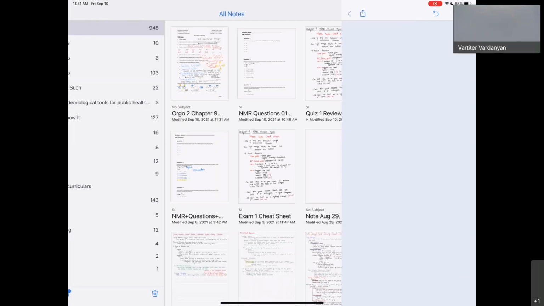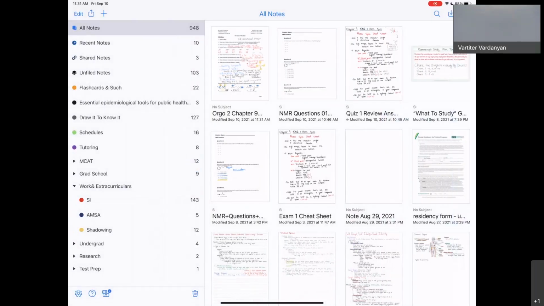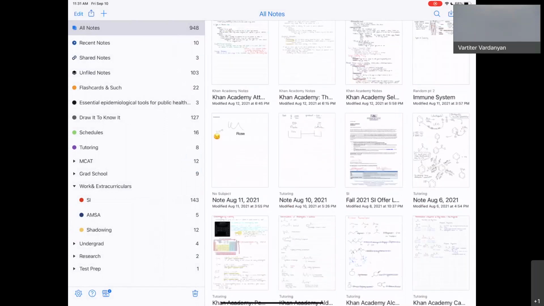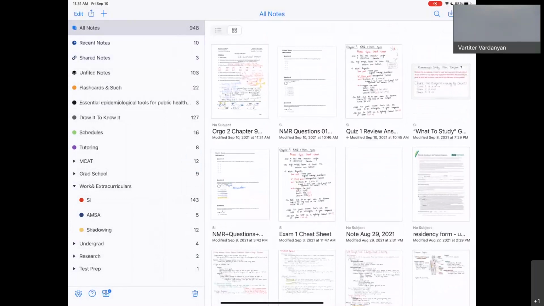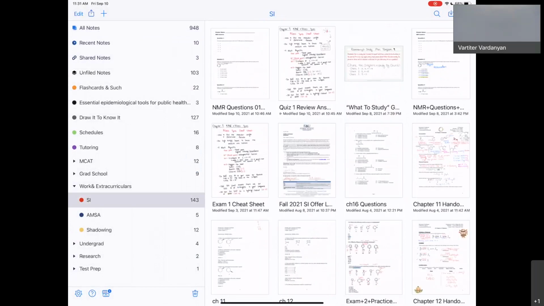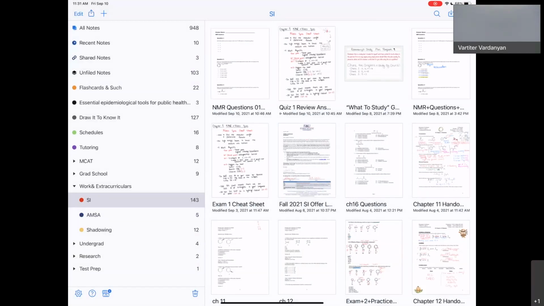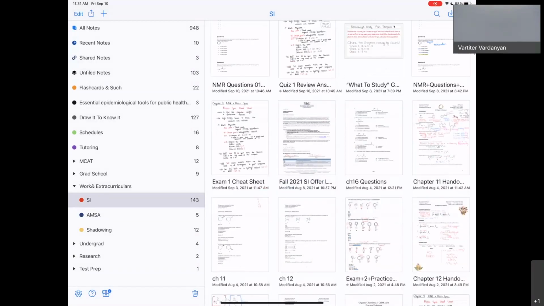I really want to go to chapter 11 though. My iPad has so much. One of these days I'll show you my MCAT notes because they're beautiful. But I don't think today's the day. Stop it. Stop it, self.